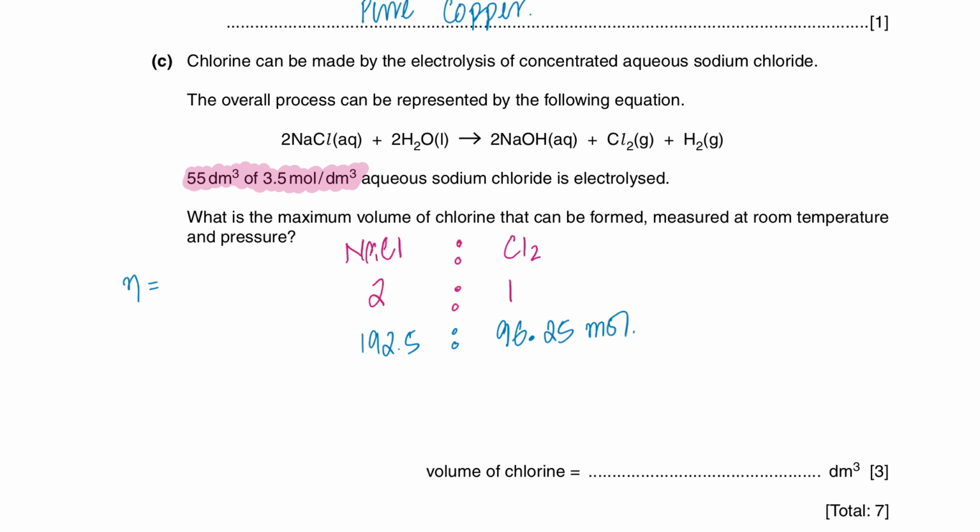Okay, so moles of sodium chloride, how did I calculate this? It was the concentration times the volume, which is 3.5 times 55. No conversion needed, they're all in decimeter cube. And 96.25. Now, maximum volume.